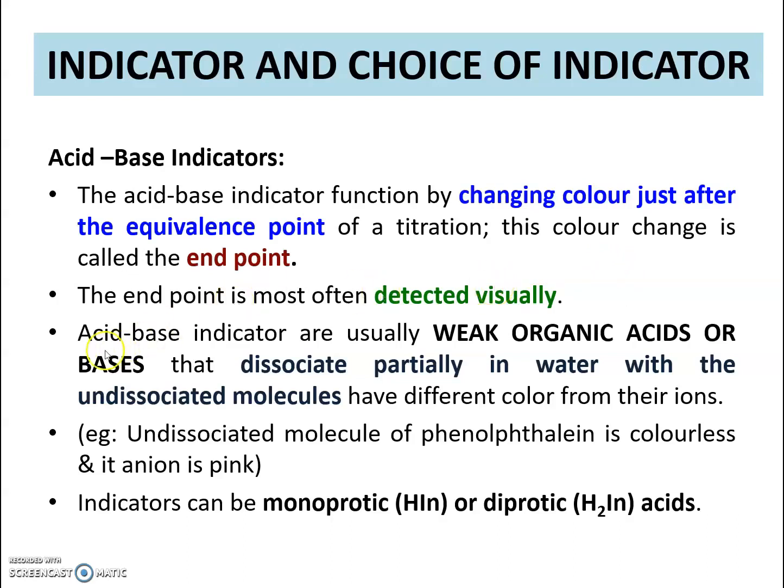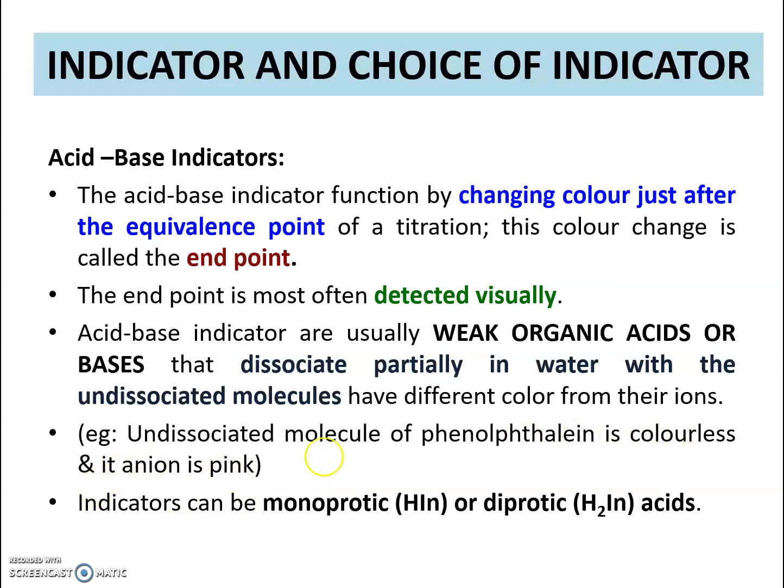Next, acid-base indicators are usually weak organic acids or bases that dissociate partially in water, with the undissociated molecules having a different color from their ions. For example, the undissociated molecule of phenolphthalein is colorless and the anion is pink.